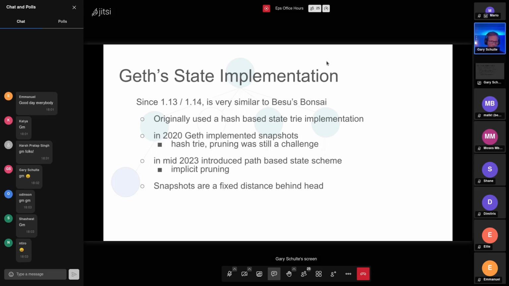So that's an operational difference, but they're very, very similar. They took a different route to get where they are, but they're both very similar in their path-based state implementation.